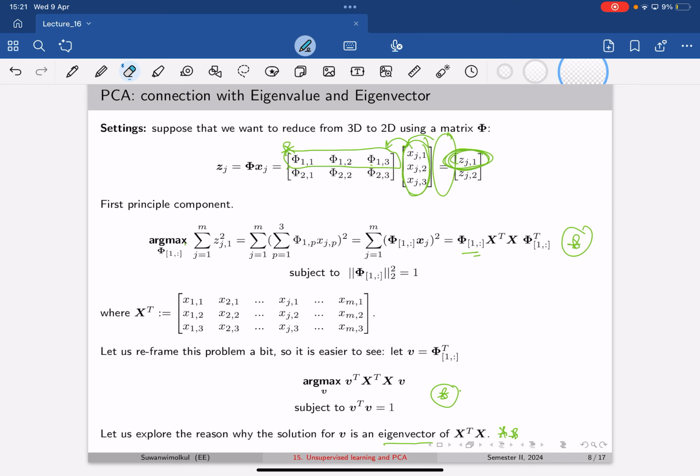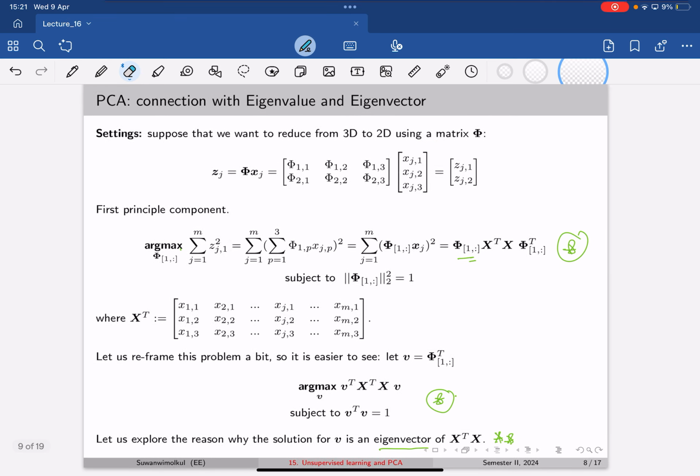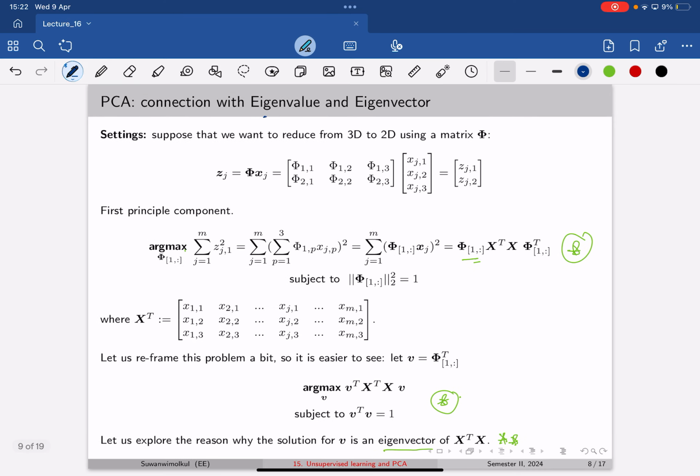Then I think the next question will be, how are these related to the connection of eigenvalue and eigenvector? If you remember when we talked about orthogonality, one of the special types of matrix is one containing rows or columns that are orthogonal. And actually the eigenmatrix could be one of those.